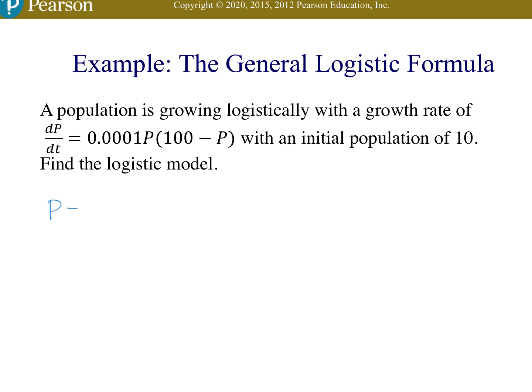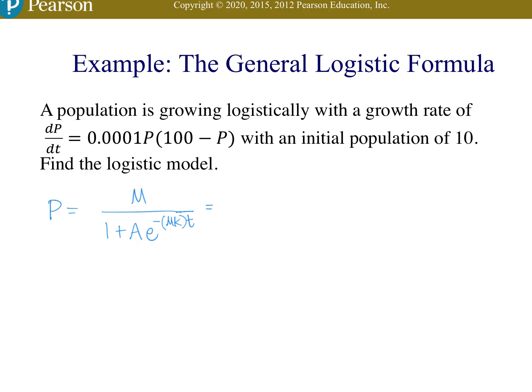So P is equal to, if I can figure out the carrying capacity, that will go on top. The bottom will be 1 plus the constant A, e to the negative, the carrying capacity, the K value, and T as a variable.